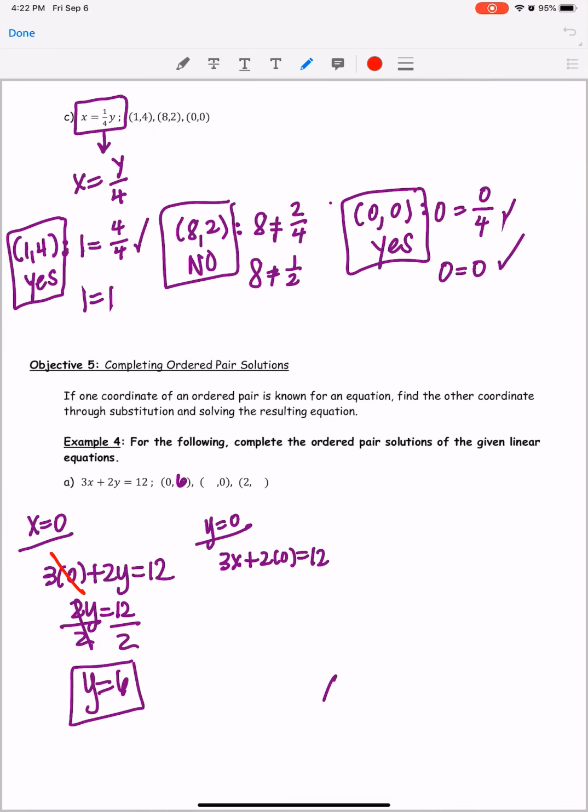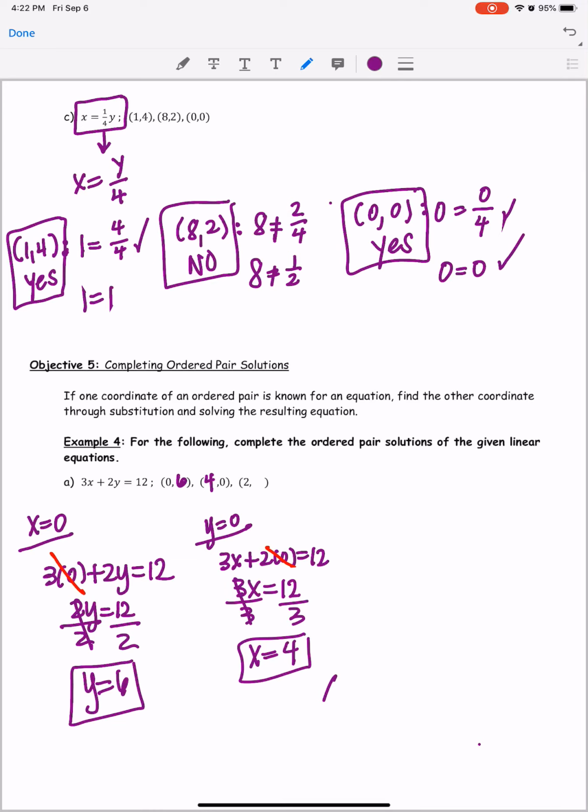Well, same thing. 0 times anything is 0, so that goes away. So I've got 3x equals 12. Divide both sides by 3. And we've got x equals 4. So to finish this ordered pair, now it's 4, 0.